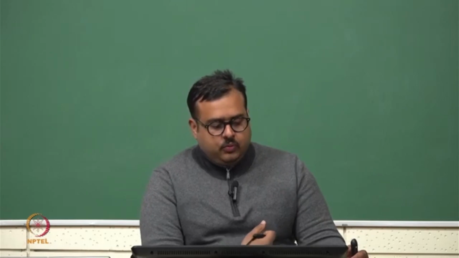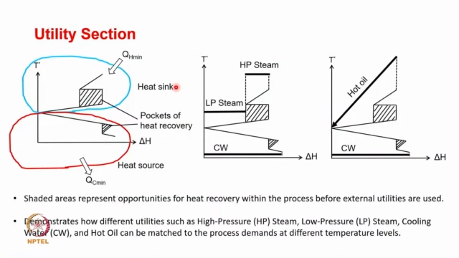So next is selecting the utility. How to select the utility? This is the typical T versus H curve, and you need to add hot utility here and cold utility here.